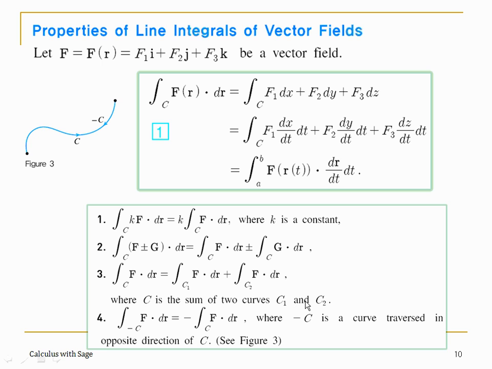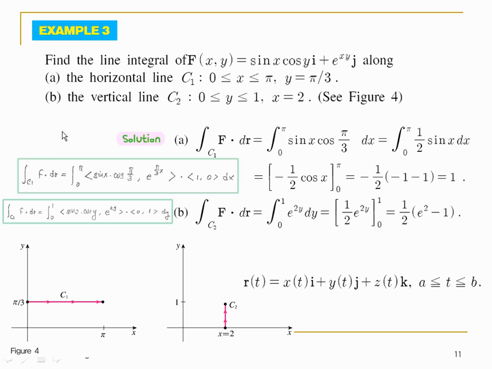If C is the sum of two curves, then we can split. The integral over minus C is the integral over C multiplied by minus 1. Minus C is the curve traversed in the opposite direction of C. If C moves from here to here, then minus C moves from here to here. That's the difference.